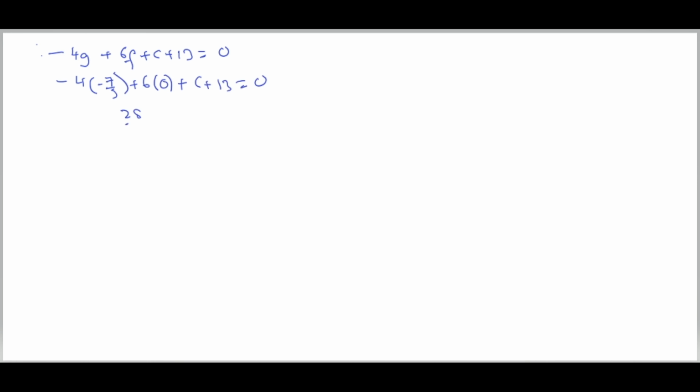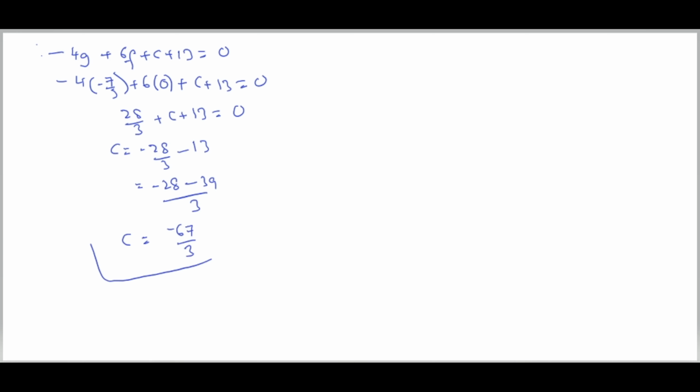That is 28 by 3 plus c plus 13 is equal to 0. Therefore c is equal to minus 28 by 3 minus 13, that is equal to minus 28 minus 39 by 3. C is equal to minus 67 by 3.